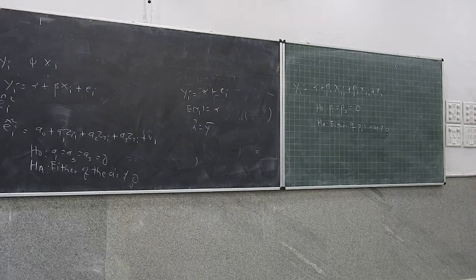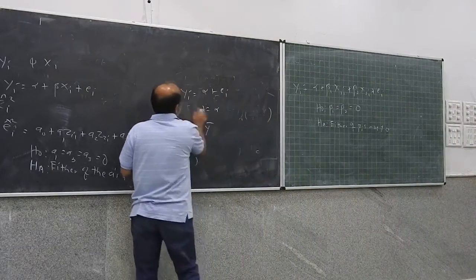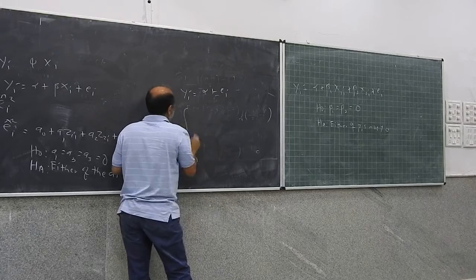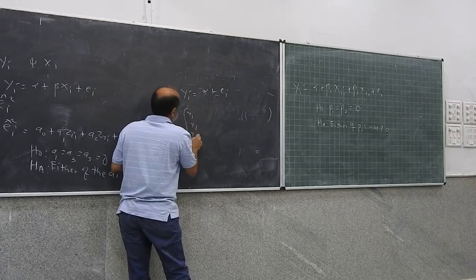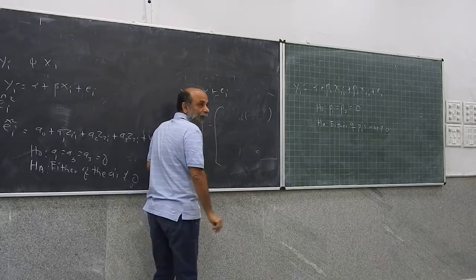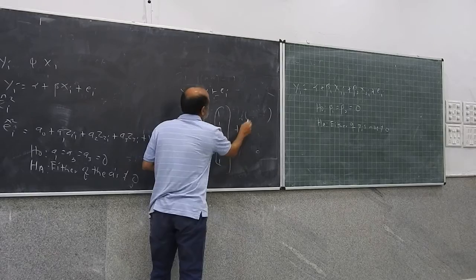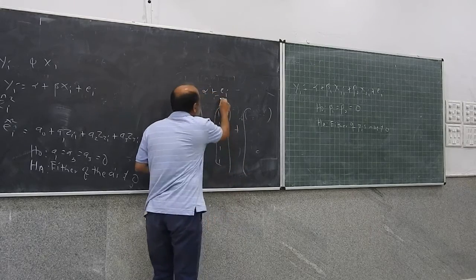Can you prove it to me from our usual formula? X dash x inverse x dash y. Because then your design matrix will be, so if you have y1, y2, y3, y4, y5, is equal to 1, 1, 1, 1, 1 times alpha plus errors. So this is an X matrix.